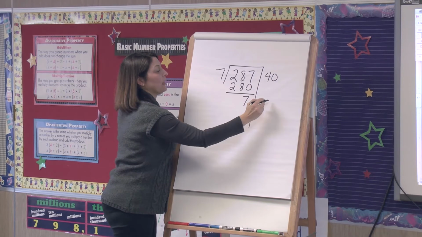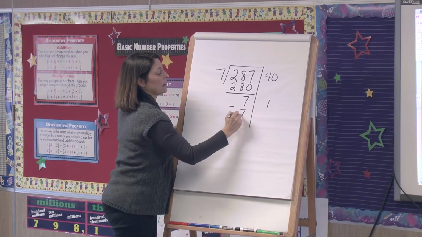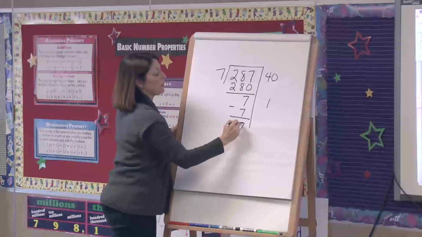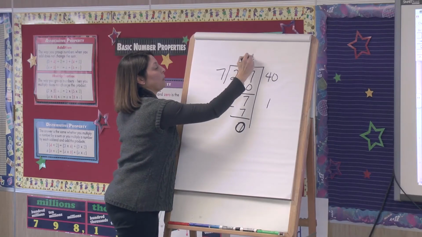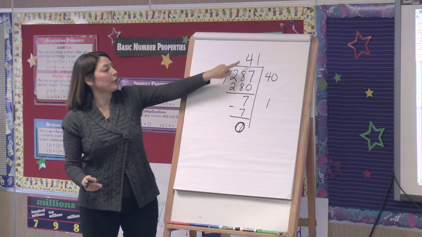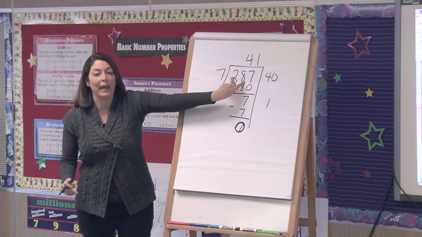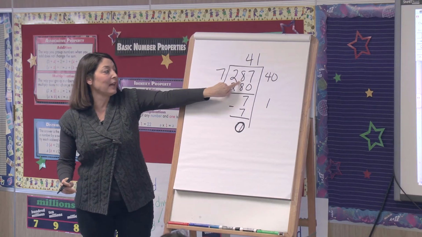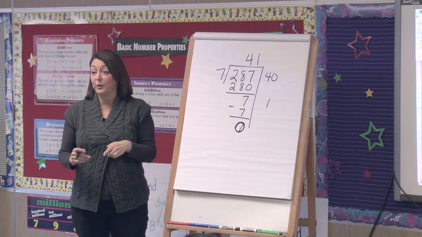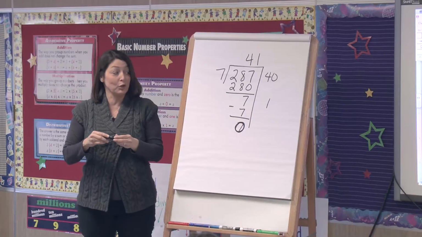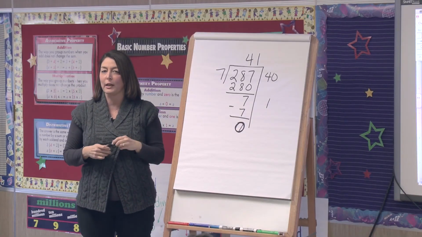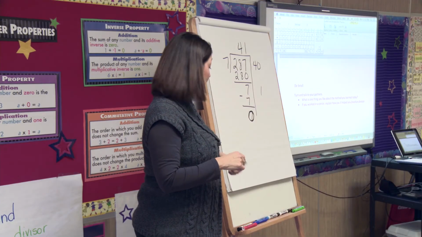And then I'm left with 7, and 7 times 1 equals 7. So that's 41. And guess what? You're going to start doing this. You're going to start looking at the 28 tens. That's what you're going to start doing with your next step with division. So you've actually made that step in your head already, so that's really, really great. Okay? So that's like a little preview to what you're going to be doing.